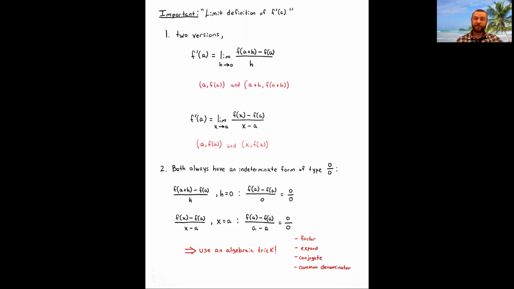So when we get an indeterminate form, that basically is our clue to try an algebraic trick. Through all the examples that we'll be getting through within part 2, we just have to apply one of our 4 algebraic tricks: either factor, expand, use the conjugate. The clue is when you have square roots, you'll probably use the conjugate. And perhaps use a common denominator.